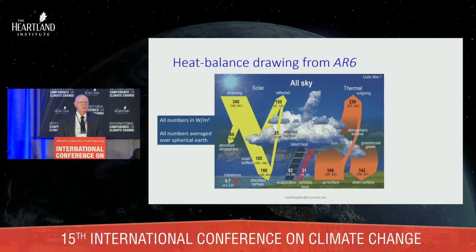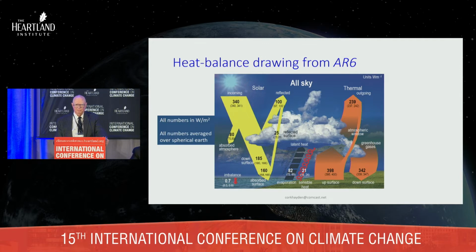Okay, now I'm going to show you a heat balance drawing from AR-6, the Assessment Report number 6, which was published in 2021. That's a heat balance diagram, and there are numerous examples of the conservation of energy in there.